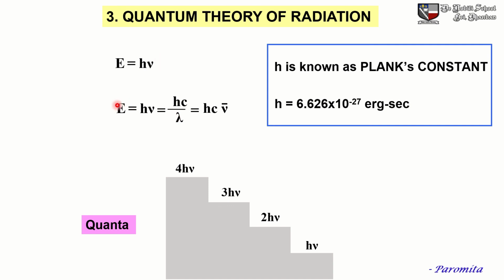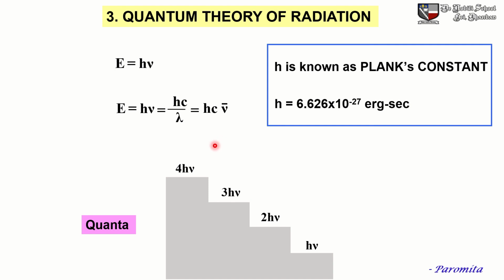Now this energy E is equal to h nu is equal to h c by lambda, because we know that nu is equal to c by lambda, is equal to h c into 1 by lambda. Now what is this 1 by lambda? 1 by lambda is nu bar or wave number. So E is equal to h c nu bar.